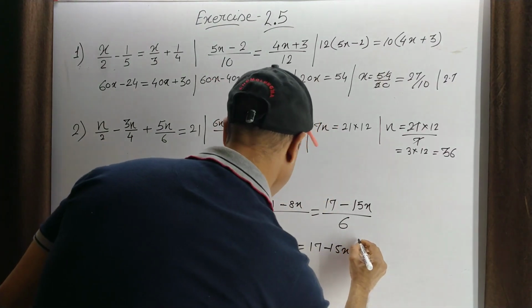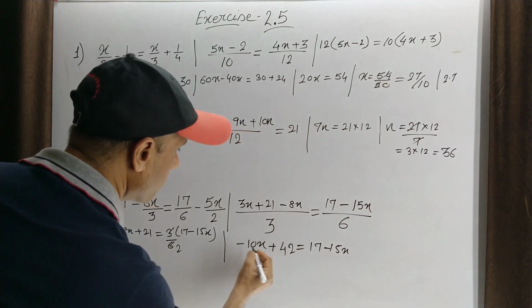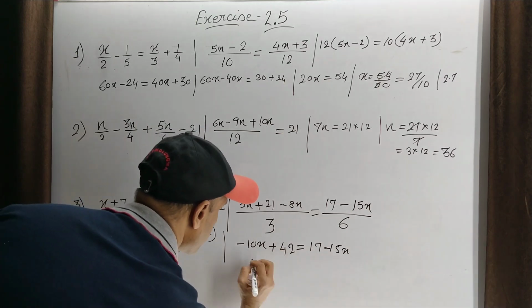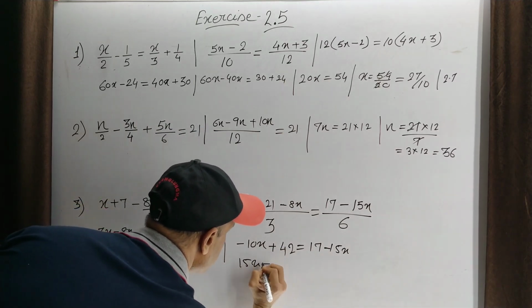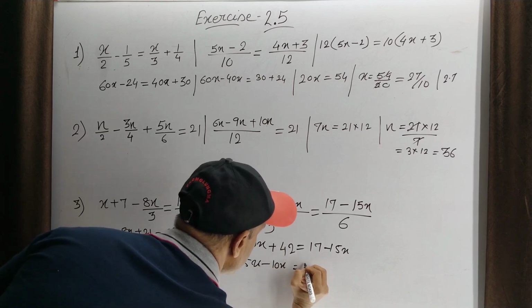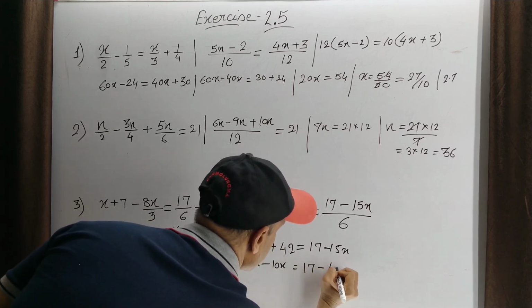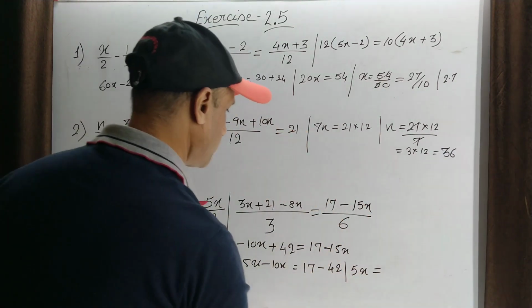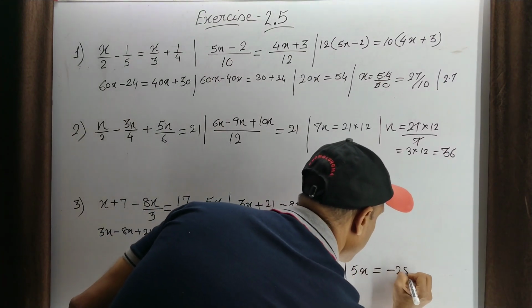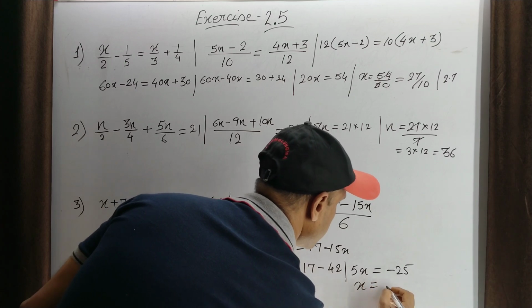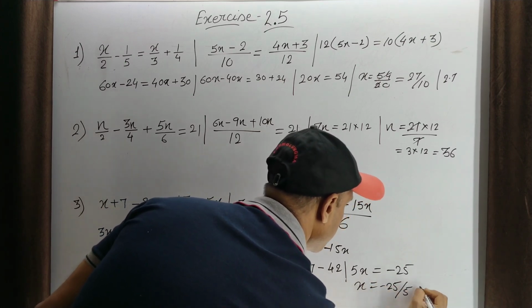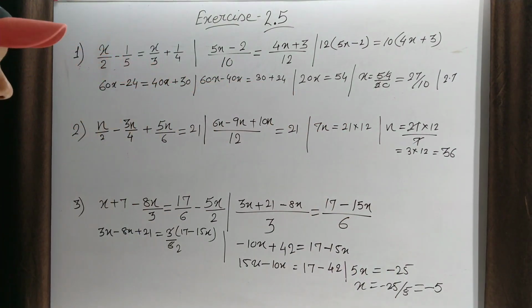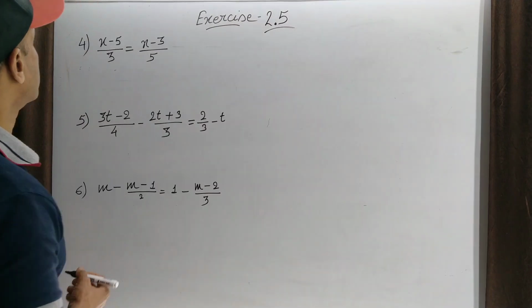So 15x moves here, this becomes plus 15 and minus 10x, so you can write it down, 15x minus 10x is equal to 17 minus 42, so we get 5x is equal to minus 25, so x is equal to minus 25 by 5, that is minus 5. Clear? Moving on to the next question.